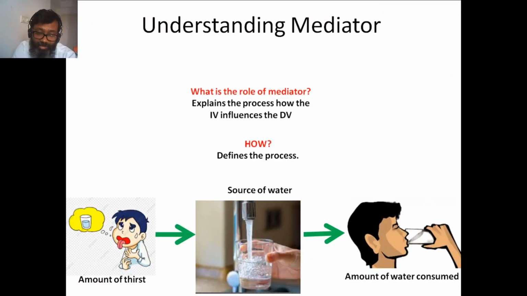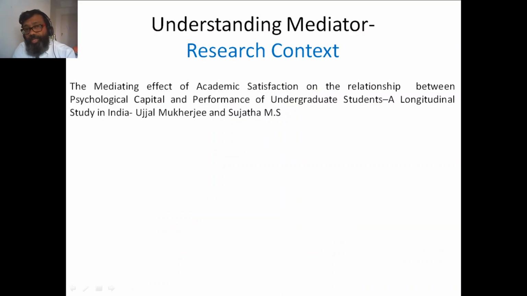So if somebody is thirsty, what is the process by which he drinks the water? He will find a source of water and then he will consume it, right? So what is the role of the mediator? The mediator explains the process, how the independent variable influences the dependent variable.